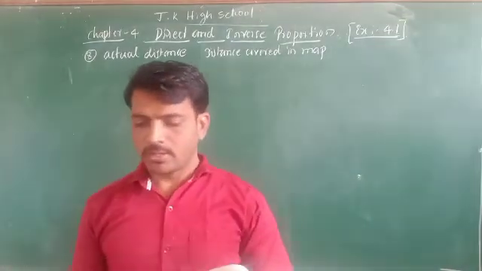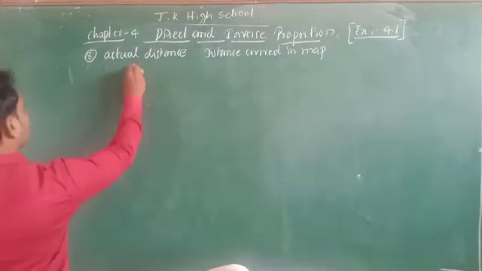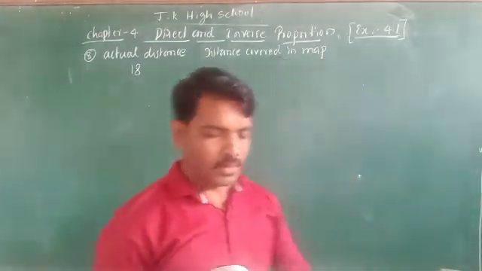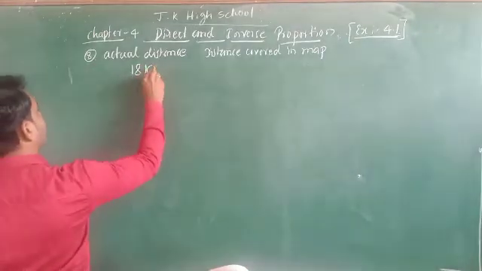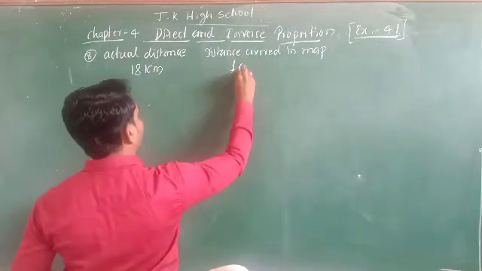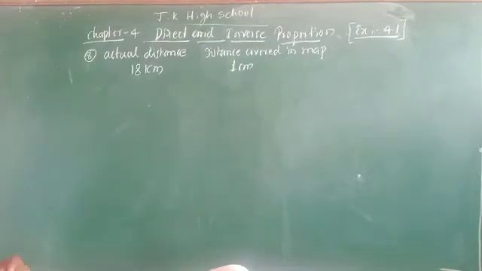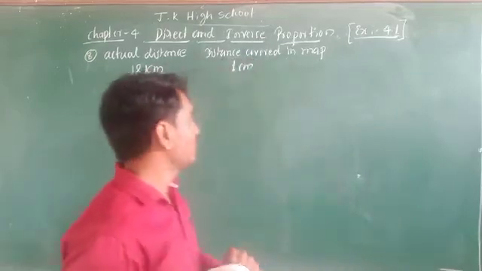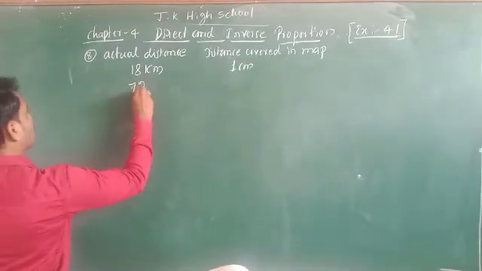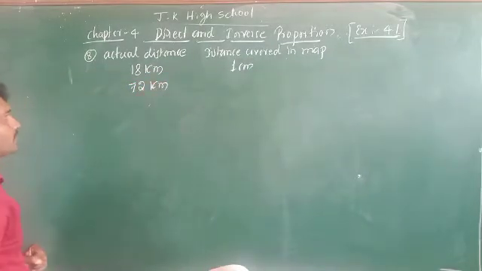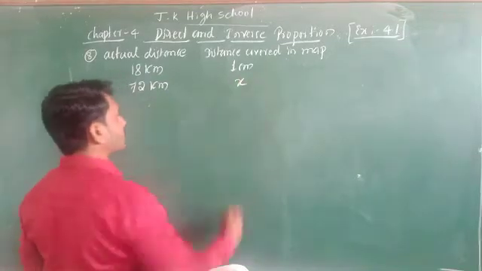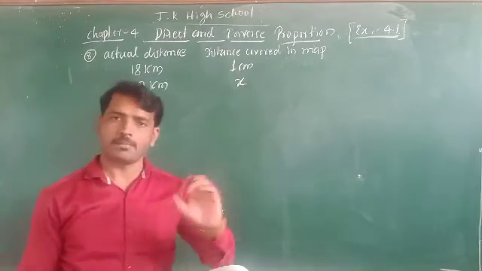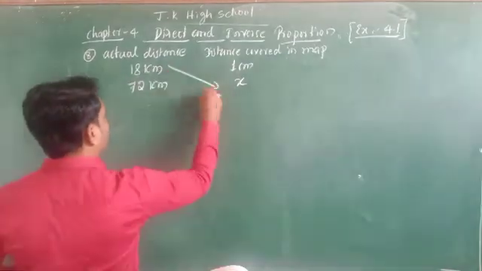She will cover the distance of 18 kilometer in actual distance. In a map she is representing 1 centimeter. So 1 centimeter indicates 18 kilometer. How much has she covered? 72 kilometer in actual distance. What is the length, or what is the distance in the map?